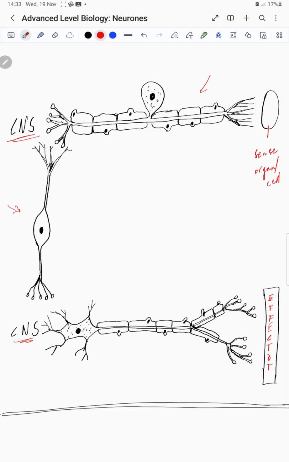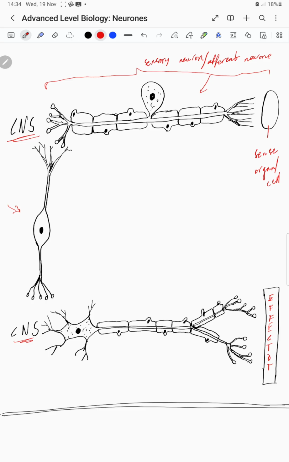This is the neuron which does that, and it's called a sensory neuron, or we can call it an afferent neuron, right?